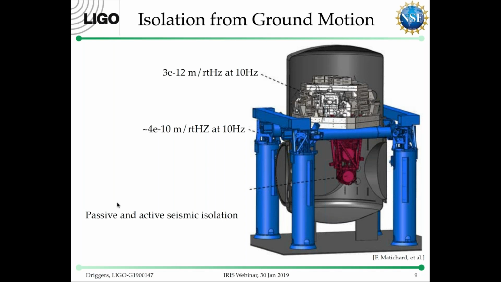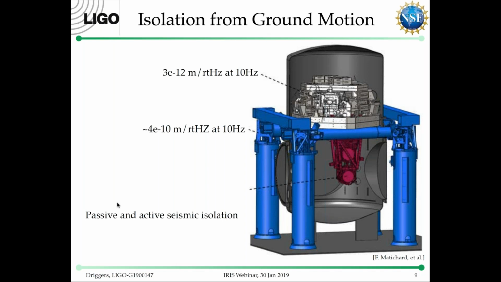And a lot of that, particularly at low frequencies, is a result of our new, upgraded seismic isolation system. So on this slide, you can see a first big picture overview of our seismic isolation system. The flat gray panel at the very bottom represents our instrument floor.